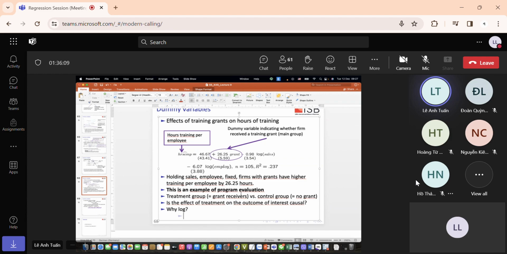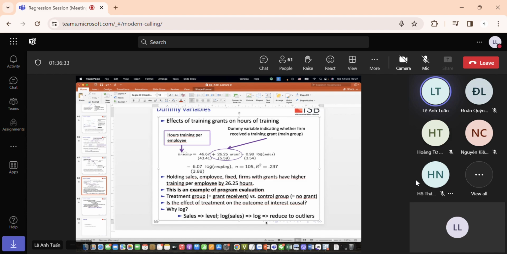If they use sell, this is the level. And sometimes they don't use sell, but they take log of sell. Log of sell, this is the log level. So the reason to take log is to reduce the outliers.